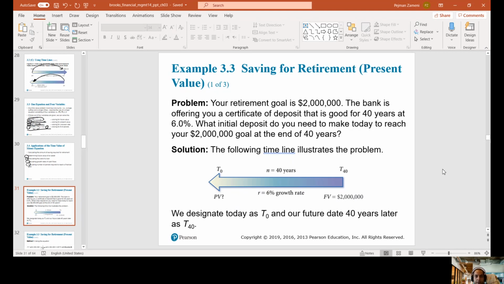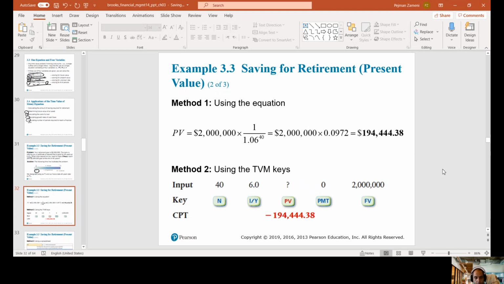What initial deposit do you need to make today to reach your $2 million goal at the end of 40 years? We have the future value, but we want to know how much I need to invest right now. It means I'm looking for the present value. I have the interest rate and the number of years, and it's quite easy. We just plug it into that single cash flow formula.